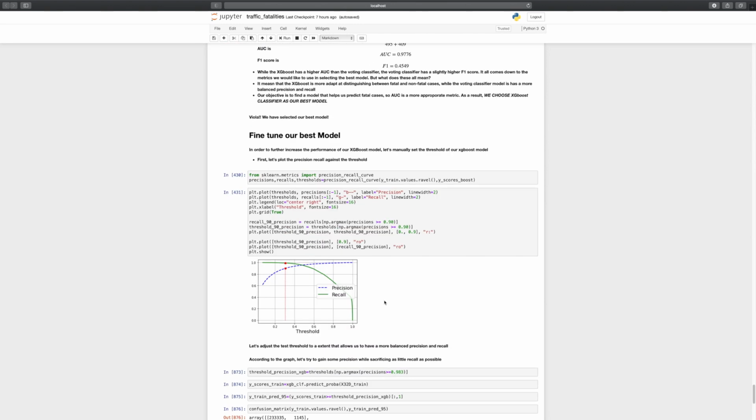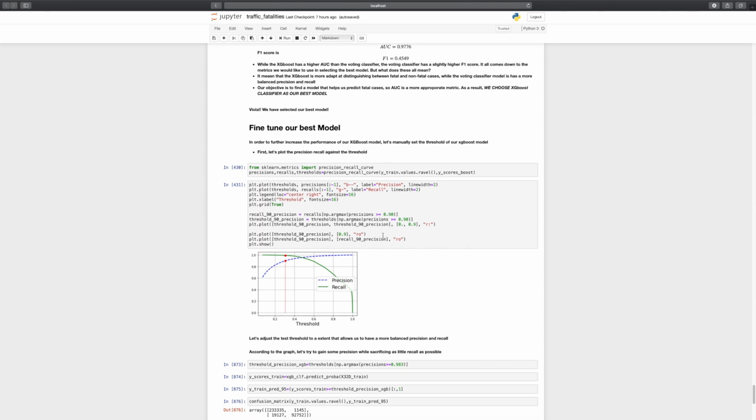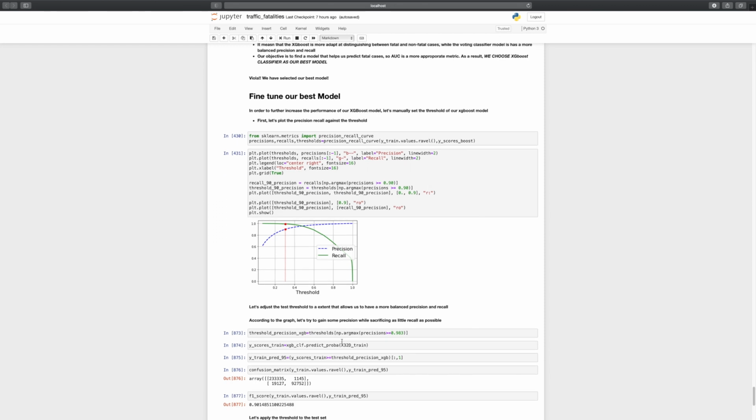After we have chosen XGBoost as our best model, let's try to fine-tune its threshold in order to improve its performance. First of all, let's plot a precision versus recall curve of our XGBoost model. From the precision and recall curve, we see that the intercept is generally around the 0.95-ish range of the precision and the recall.